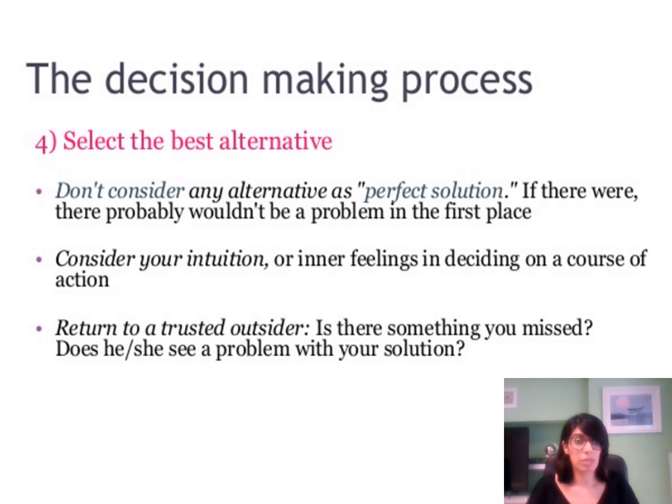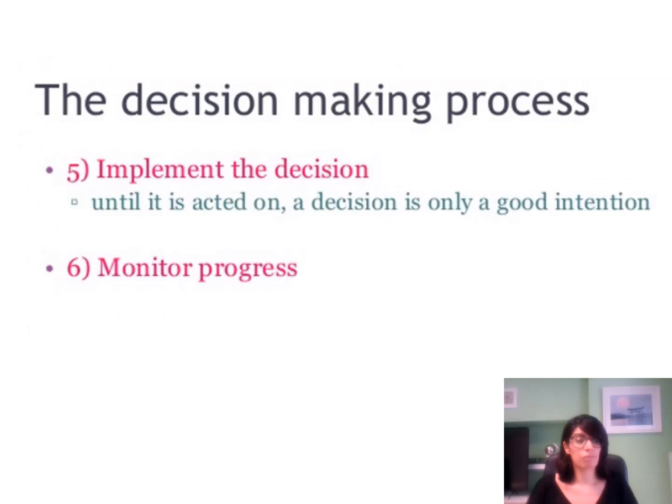So what is your intuition telling you that is the best course of action? And you could potentially turn to somebody who's a trusted outsider, somebody who isn't directly involved with the problem or the decision-making process or the consequences of the decision, and asking them for their advice, just to see if your gut instinct or your actual decision is the one that is the best one that's available to you.